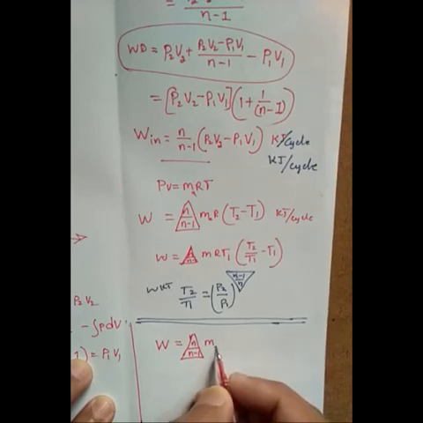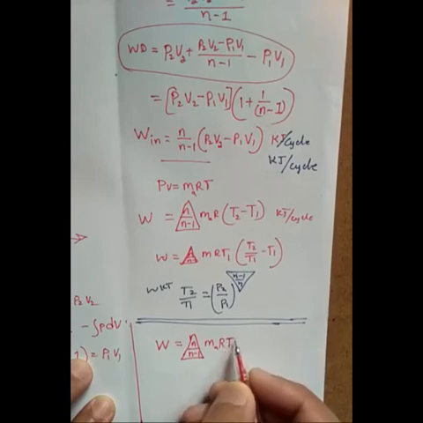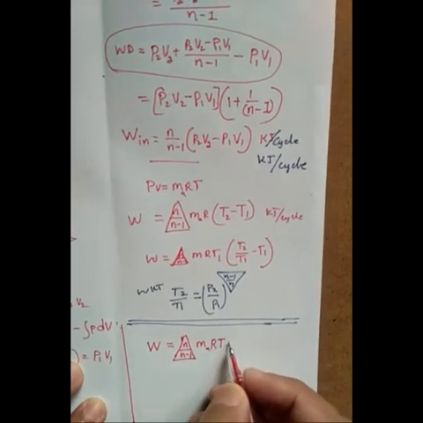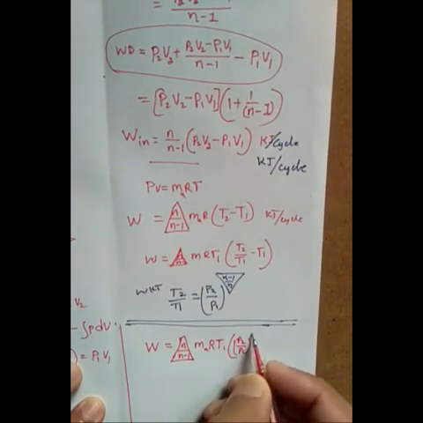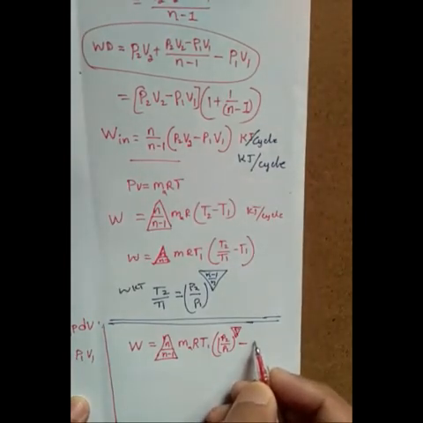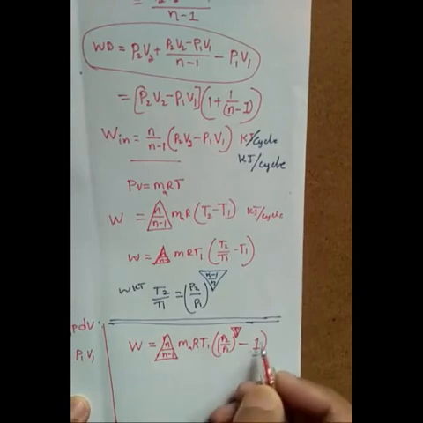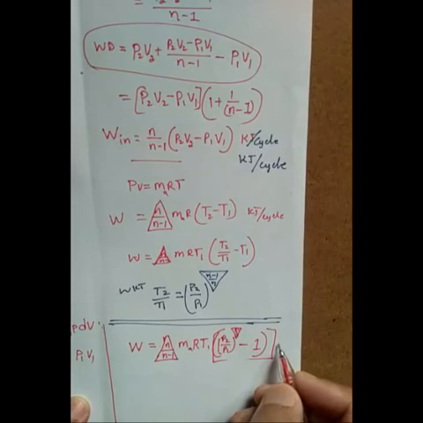There may be a few cases where you might misuse it or wrongly substitute and do the calculation. So mRT1 into P2 by P1 power, this is reverse, n minus 1 by n, minus 1, kilojoule per cycle.